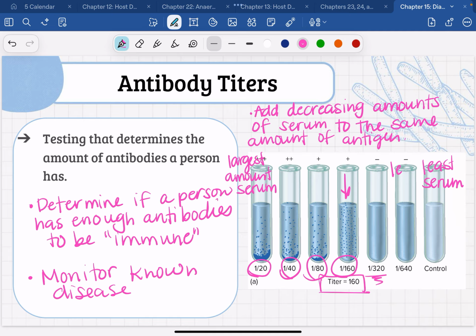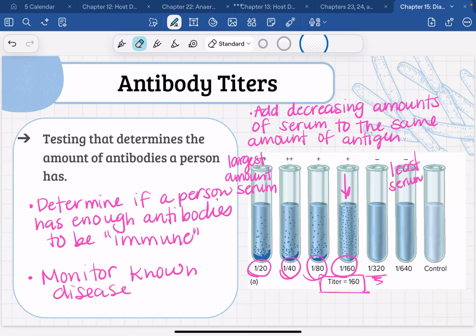This is the least serum right here. Sorry, I didn't realize we had a control. This control means that you didn't add serum. But if you still have reactions, even when you keep diluting out the serum, that means that you have a higher amount of antibodies in your original serum.